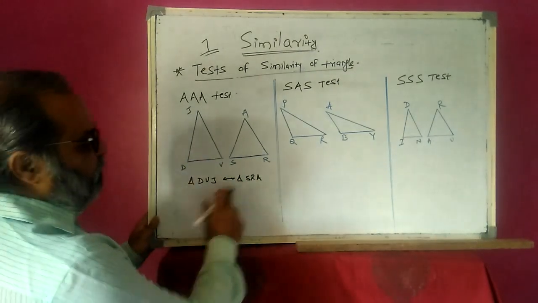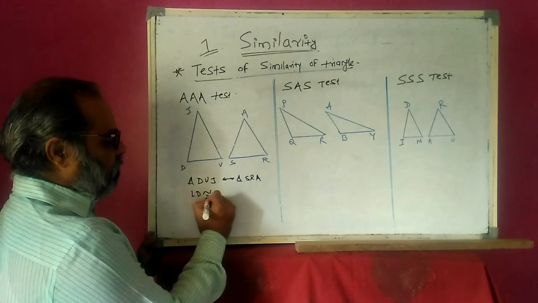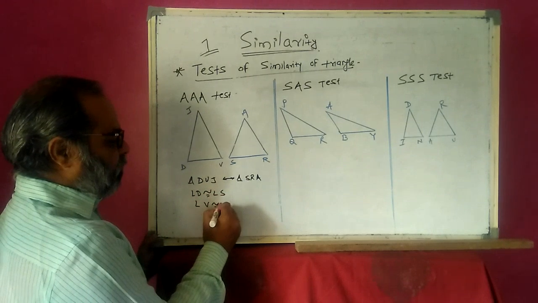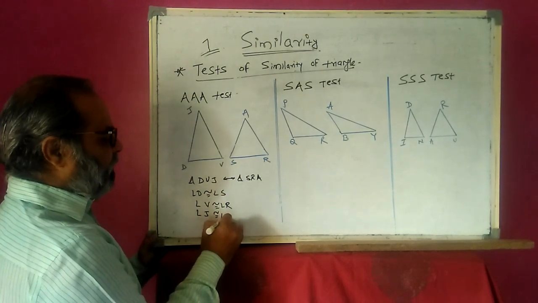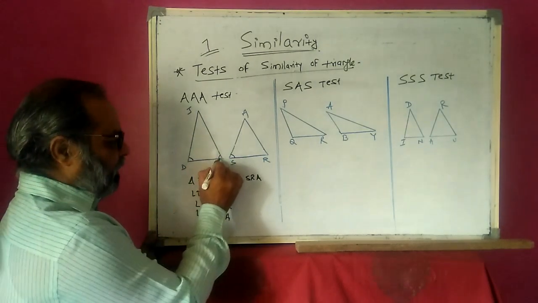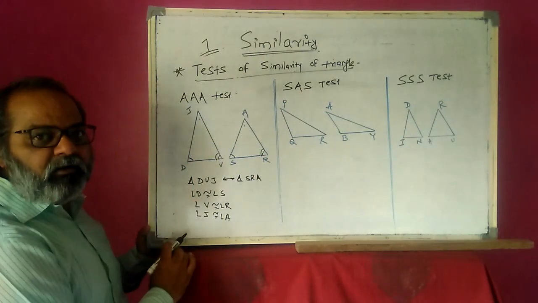So with reference to this one-to-one correspondence, angle D is congruent to angle S, angle V is congruent to angle R, and angle J is congruent to angle A.